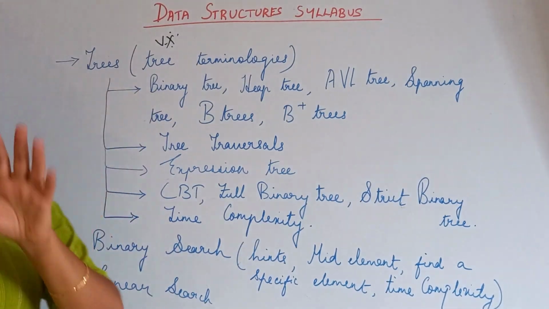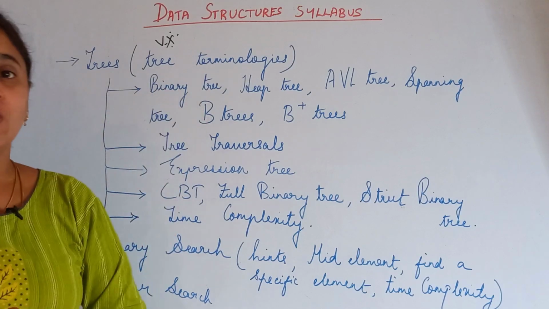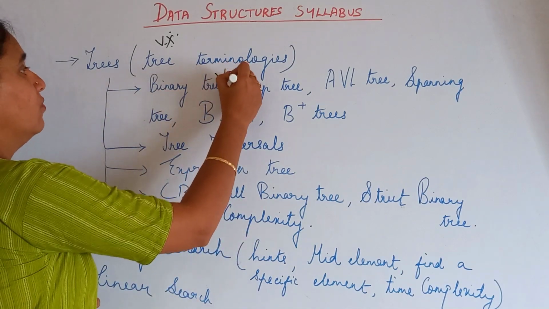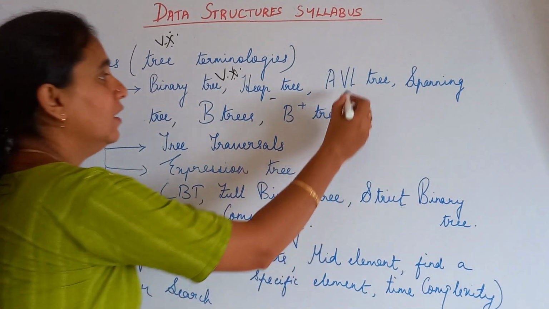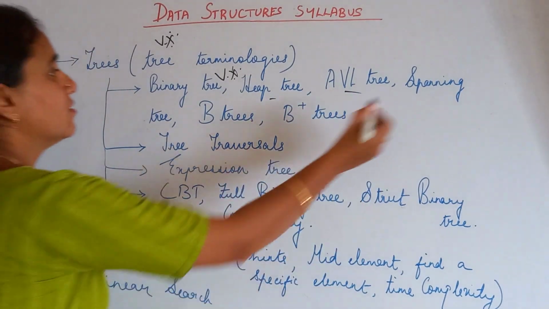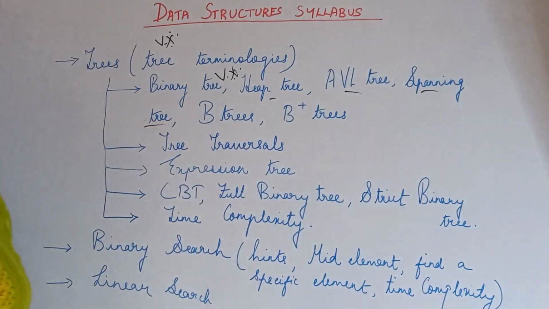Next we are going to discuss the binary tree. This is a very important topic of data structures, and heap tree is also very important, and AVL trees, and then we are going to discuss spanning trees, B trees and B plus trees.